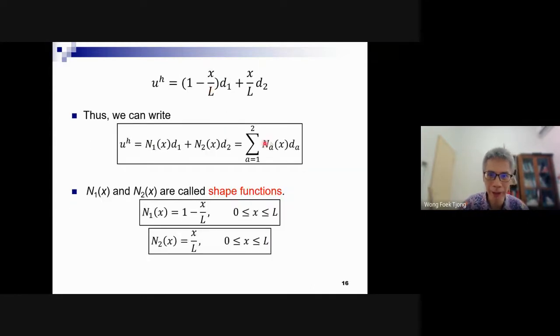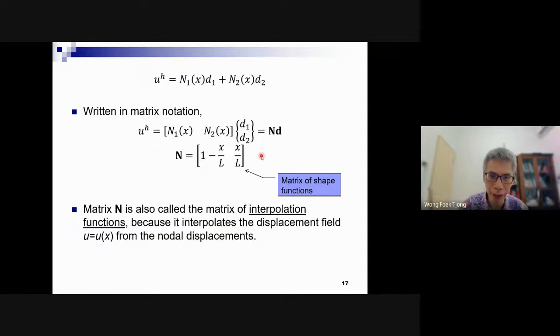Well, we can write it in sigma notation. We can also write it in matrix notation. In my book, I use sigma notation. You can read my book. But here I use matrix notation. So it is a little bit different from my book, but it's good.